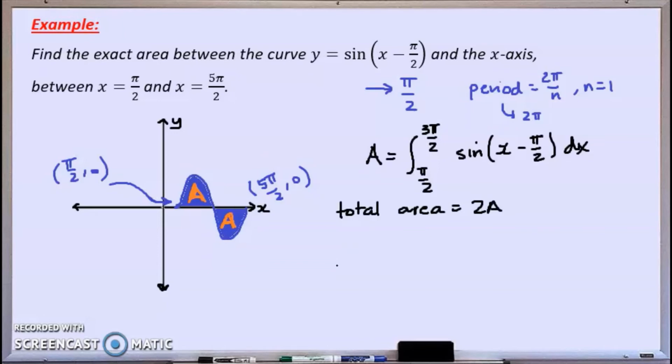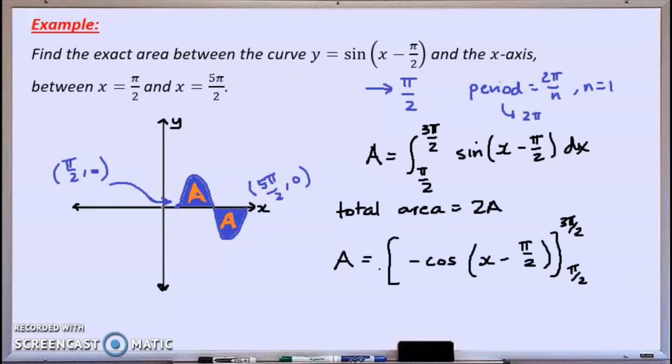So now A will equal, once I integrate this, negative cos of x minus pi over 2. Remember, I don't need to use the plus c when I have these terminals between 3 pi over 2 and pi over 2.